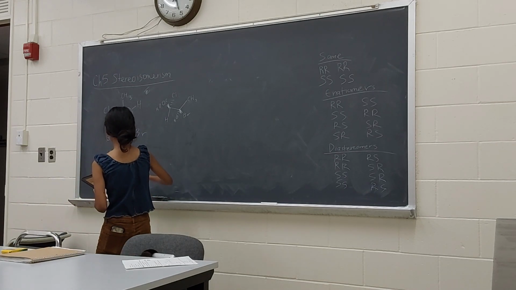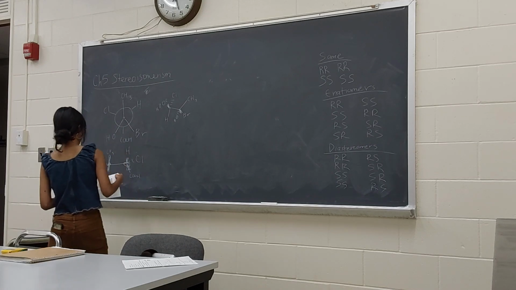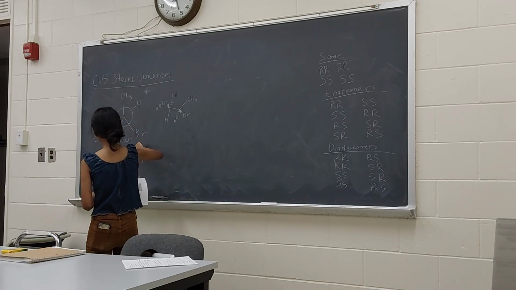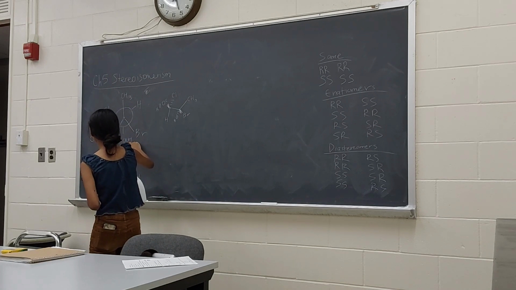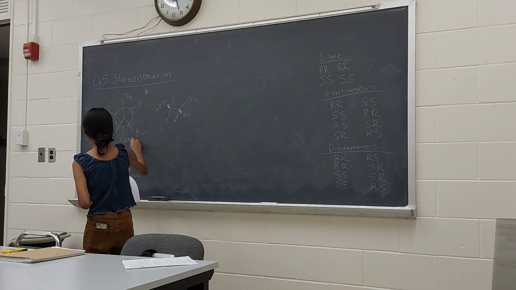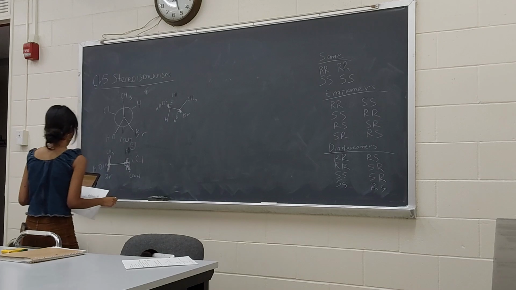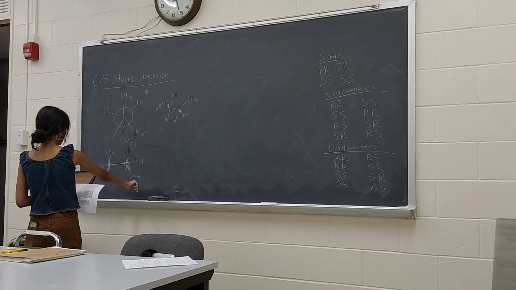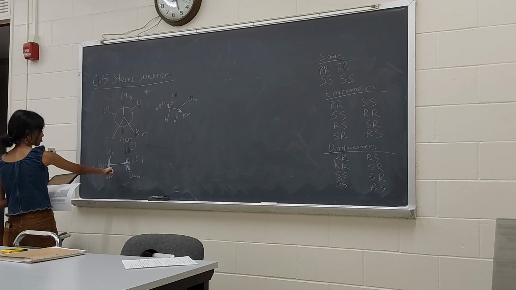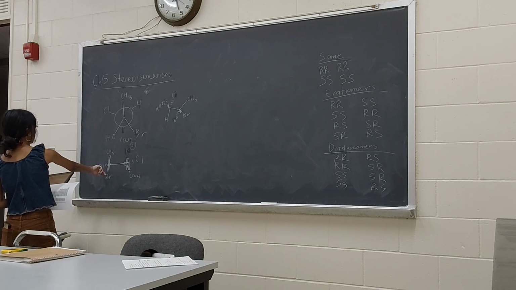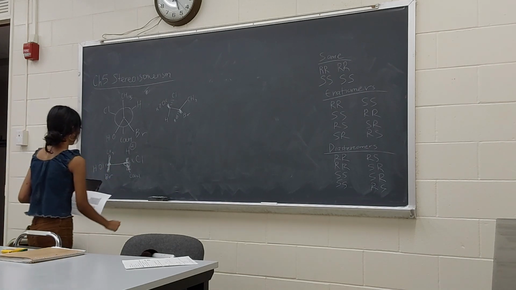So for this one, it has a hydrogen. If there is a hydrogen, that's going to be 4, the smallest. And then there's chlorine, there's a carboxylic acid, and this carbon that's attached to a bromine, OH and CH3.